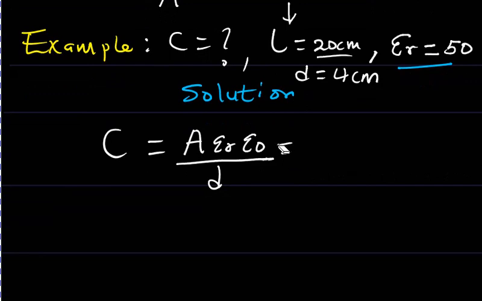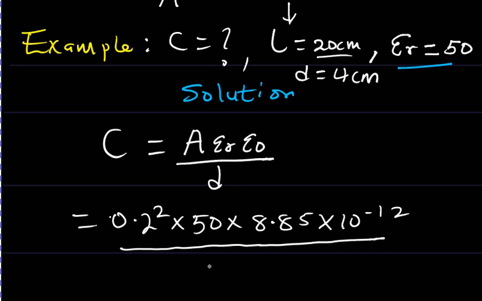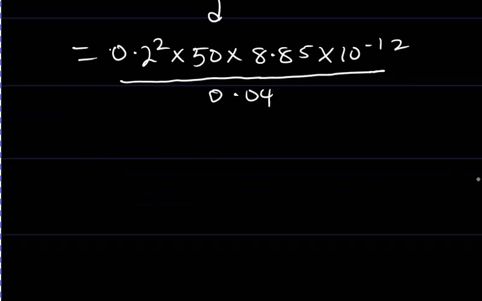It's a constant. All right, let's go again. 0.2 squared times 50 times the constant 8.85 times 10 raised to the power minus 12, then divided by the distance, which is 0.04.